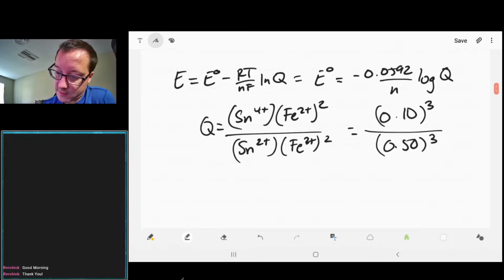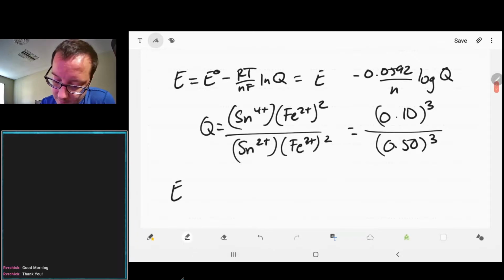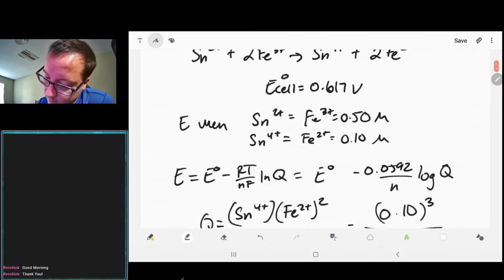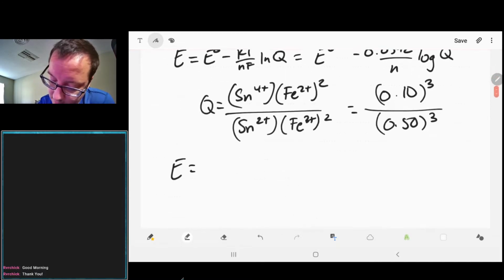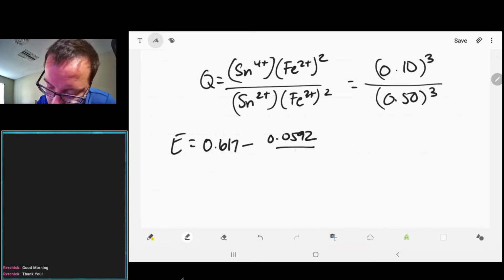So if we want to do this, oops. That's what I needed. So whichever way we do this, we have 0.617 minus 0.0592 over n. We have 2 electrons in this process.